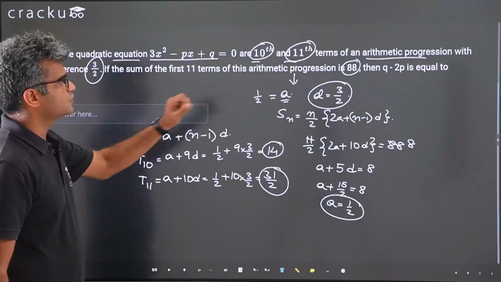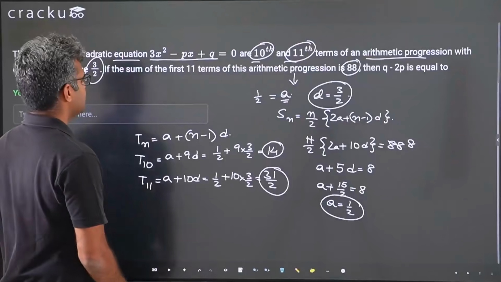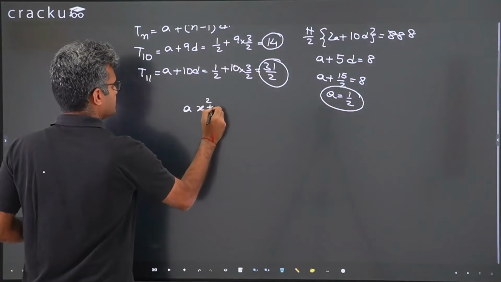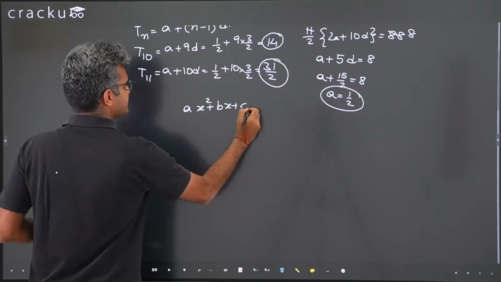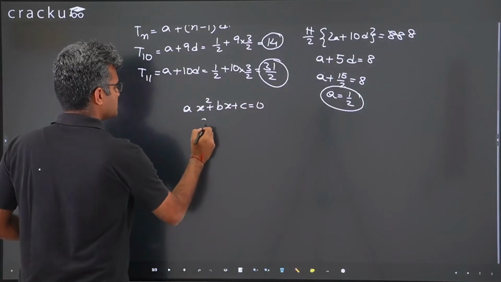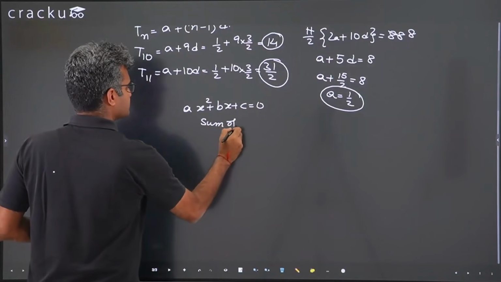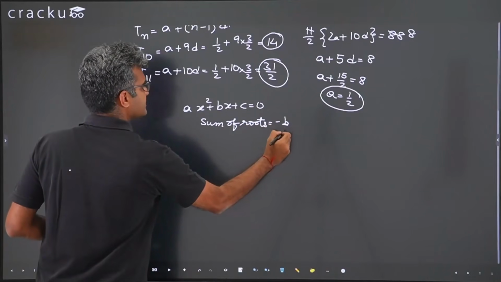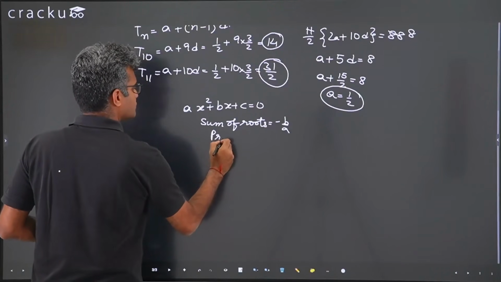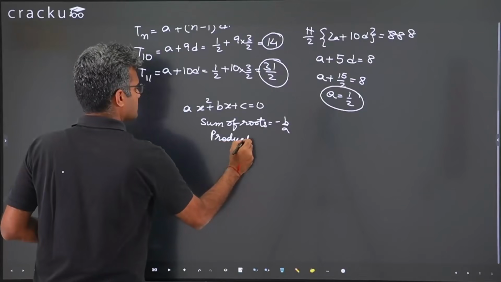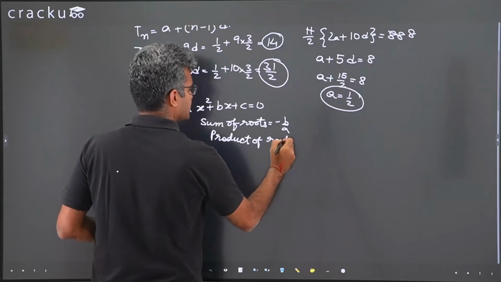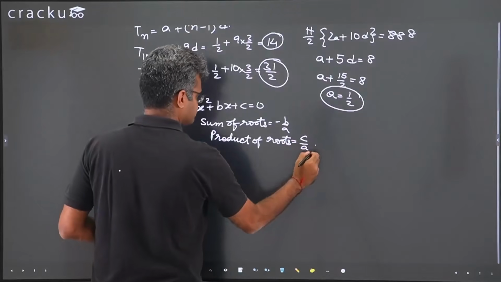Those are the two roots. Now we know that in any quadratic equation of the form ax square plus bx plus c is equal to 0, sum of roots is equal to minus b by a. Product of roots is equal to c by a.